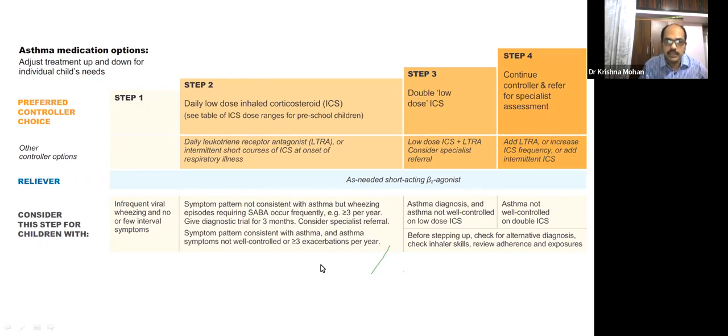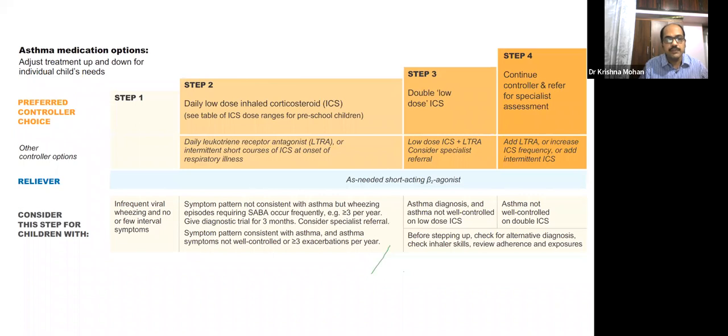So what is the prototype? What are the situations where you start on step two? If the symptom pattern is consistent with asthma and asthma symptoms are not well controlled, that is more than 3 exacerbations per year, then you start here.